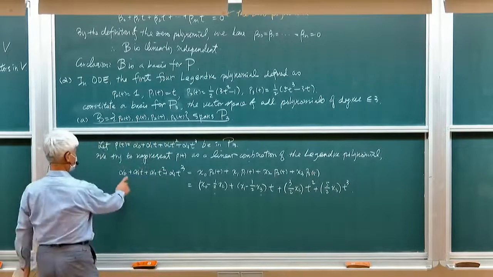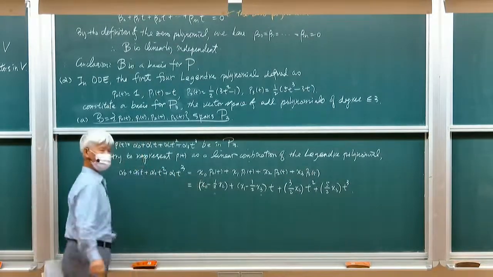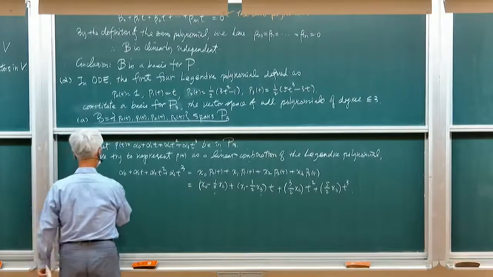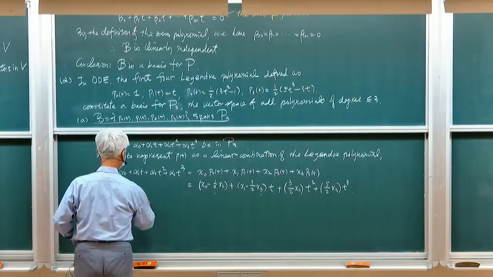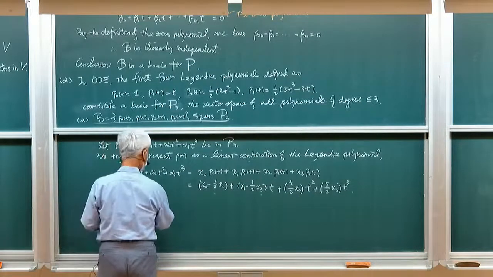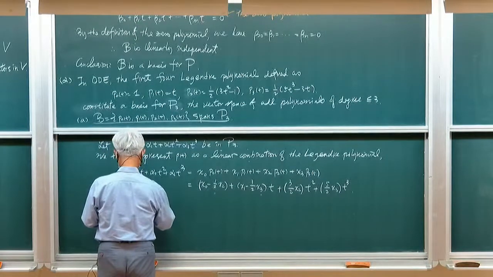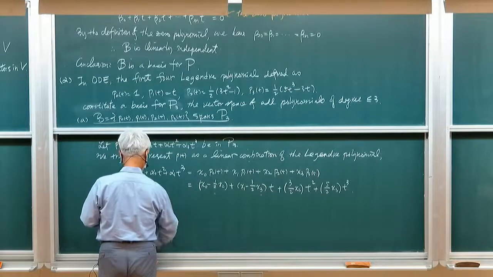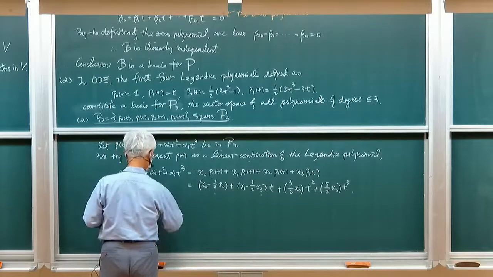Okay, and so these two polynomials are identical, so that we have alpha 0 is equal to x0 minus 1/2 of x2.